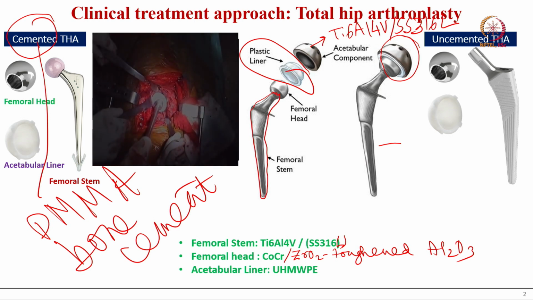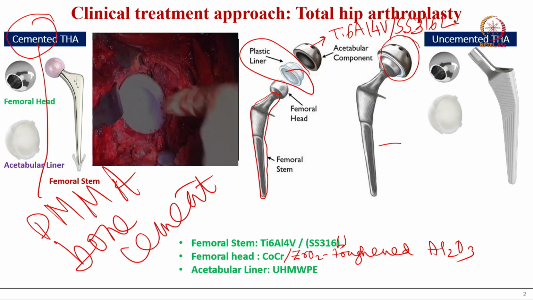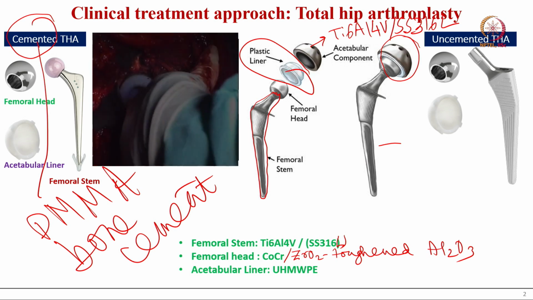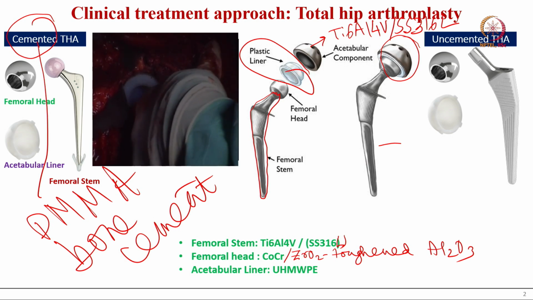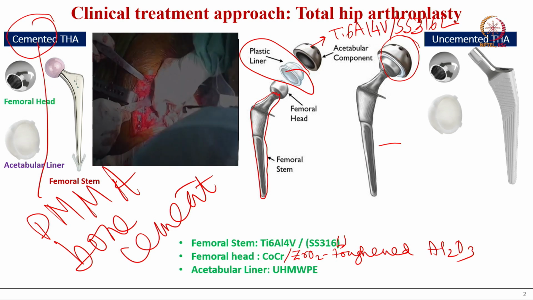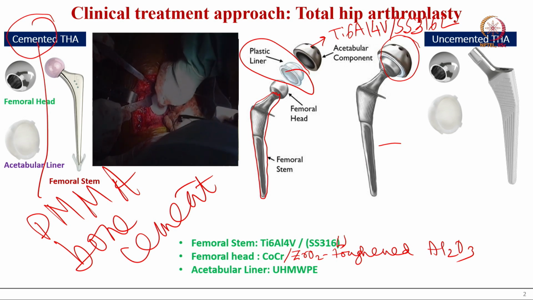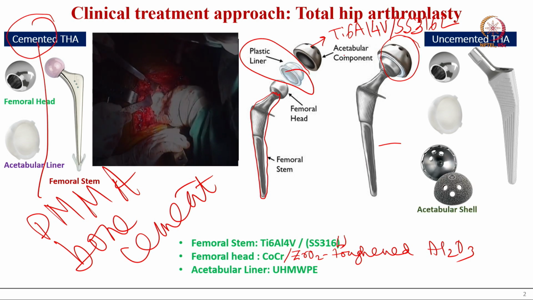So, this is for cemented total hip arthroplasty. In case of uncemented, both the acetabular component and the plastic liner are directly placed, and then the femoral head comes in direct contact with this acetabulum. Okay. So, this is the uncemented total hip replacement.